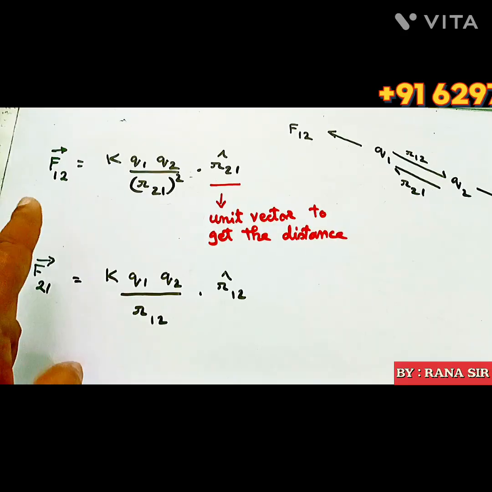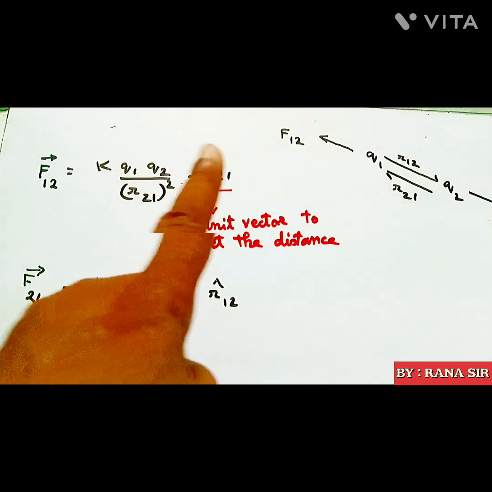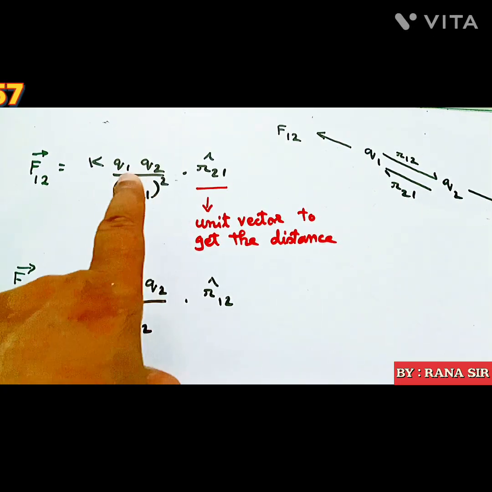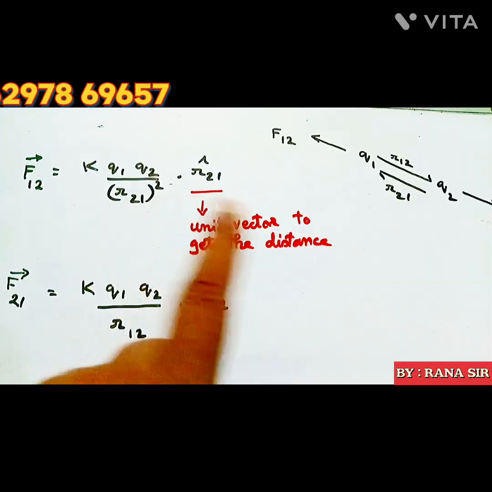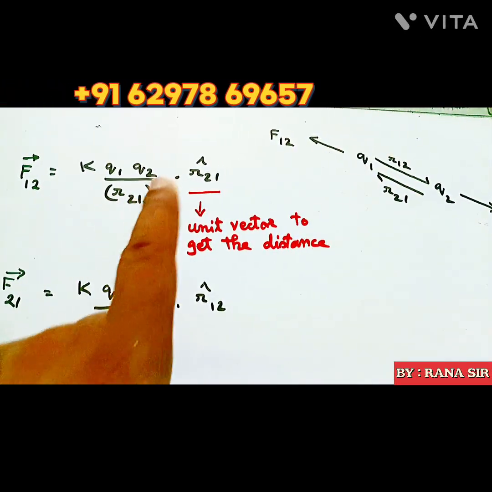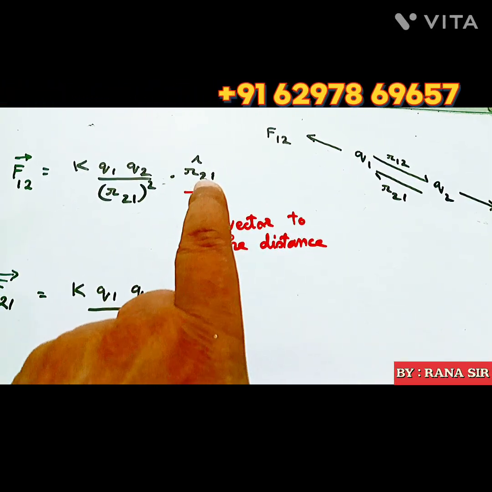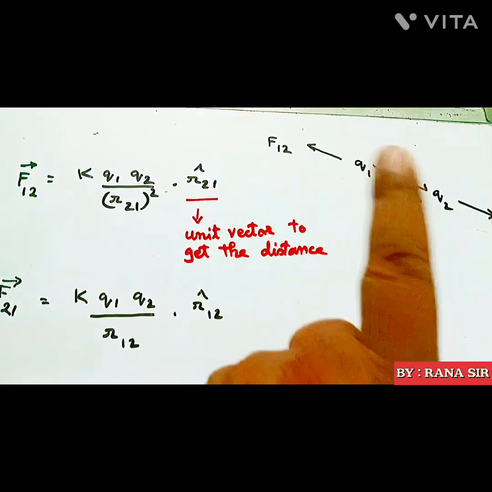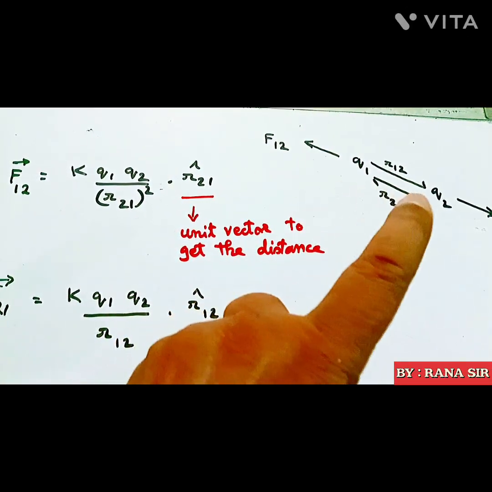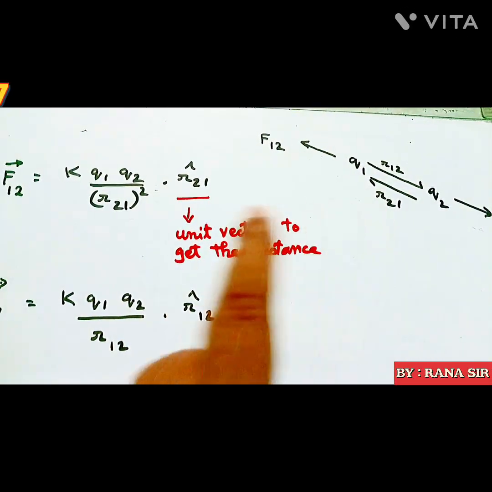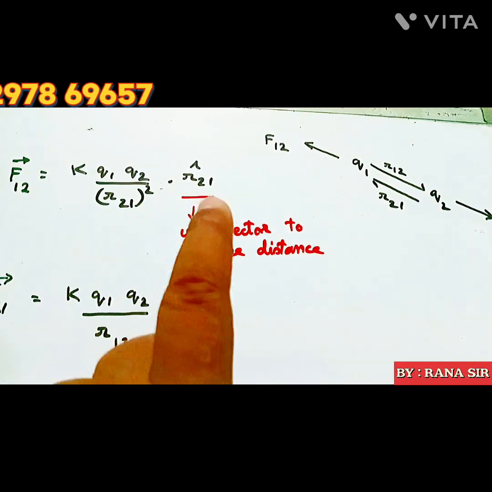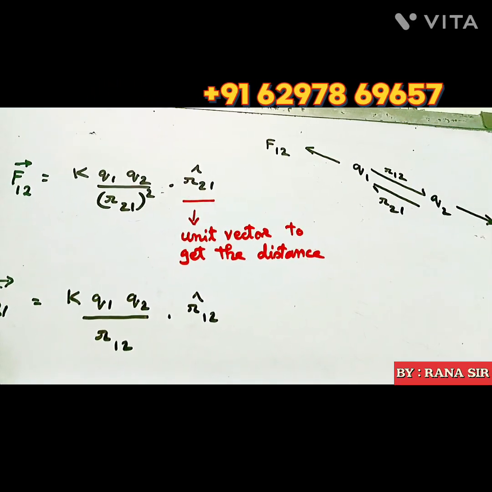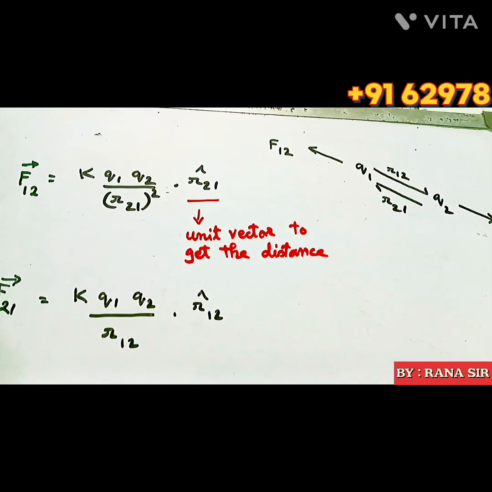Using Coulomb's law, F12 will be the constant k into the product of charges Q1 into Q2, divided by the distance R12 square, into the unit vector R21, since the force is going this way. What does this unit vector symbolize? It symbolizes the direction.